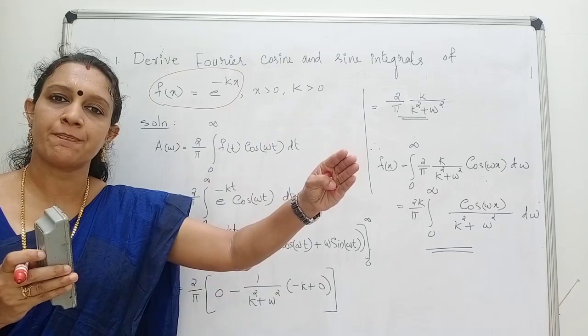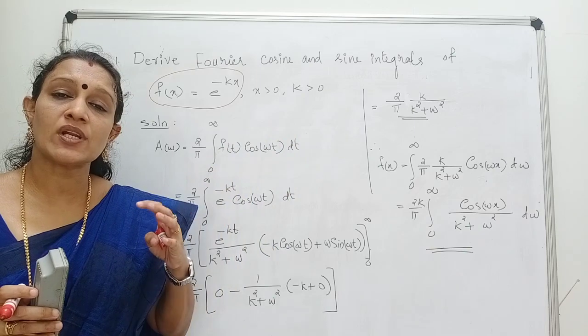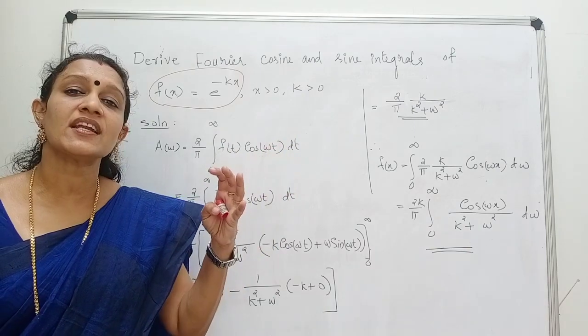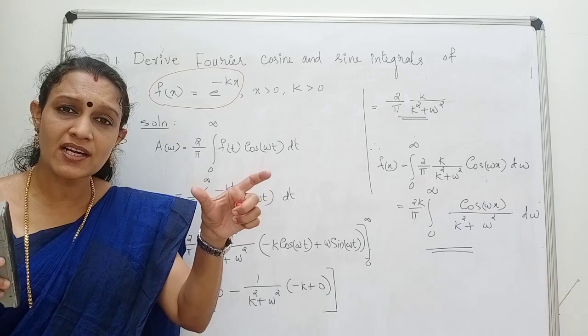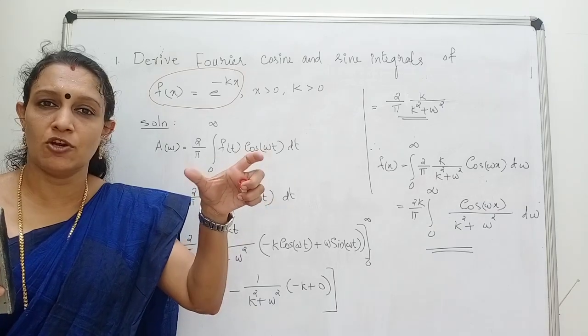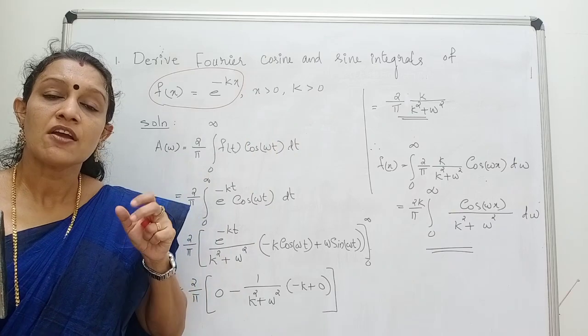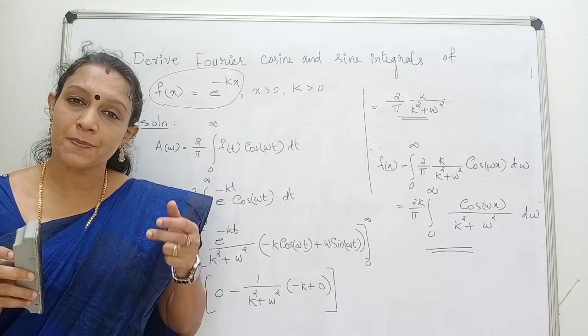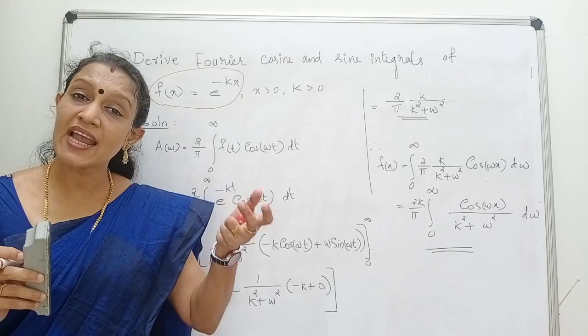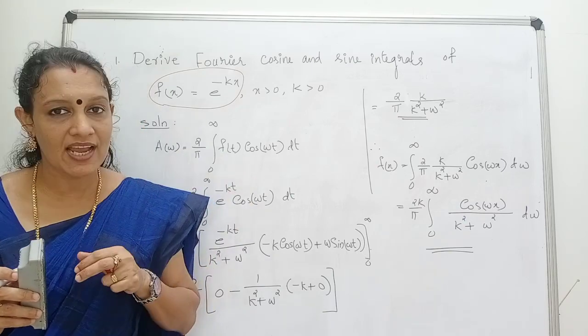0 to infinity. This function here is not given in the entire interval from minus infinity to infinity. It is given in one half interval only, 0 to infinity. Whenever a function is given in a half interval, it can be represented as a Fourier sine integral and a Fourier cosine integral.